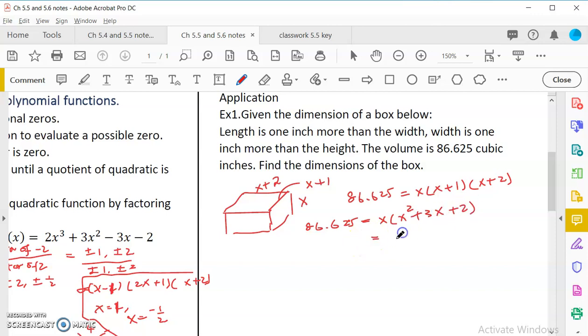And now you multiply it: x cubed plus 3x squared plus 2x. That is equal to 86.625. Move everything over, because you want to find zeros, right? So x cubed plus 3x squared plus 2x minus 86.625.